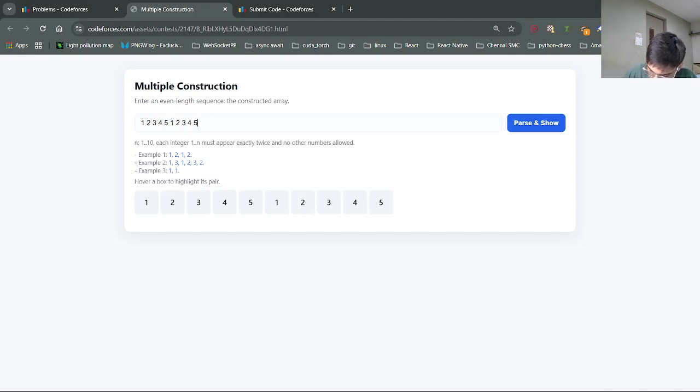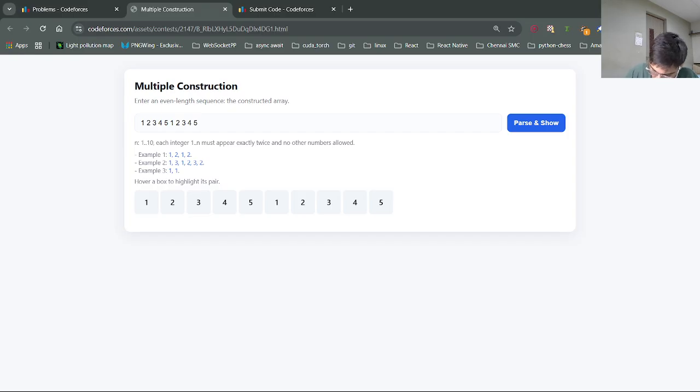1, 2, 3, 4, 5, 6, 7, 8. So again, I have 1, 2, 3, 4. So 4, let's start with 4. 4 I need 1, 2, 3, 4. And then I need 3. 1, 2, 3. Yeah. So start with 1, 2, 3. So we could start with something 1, 2, 3, and then we'll start with 2.